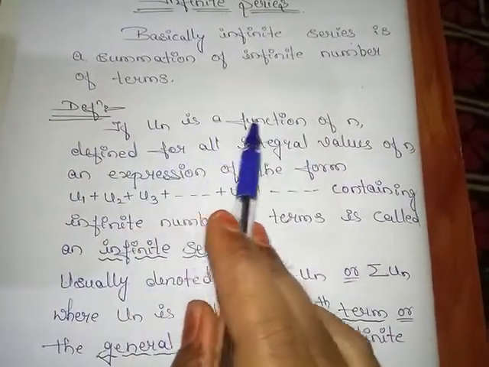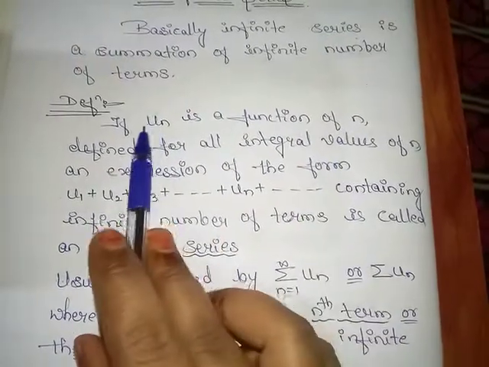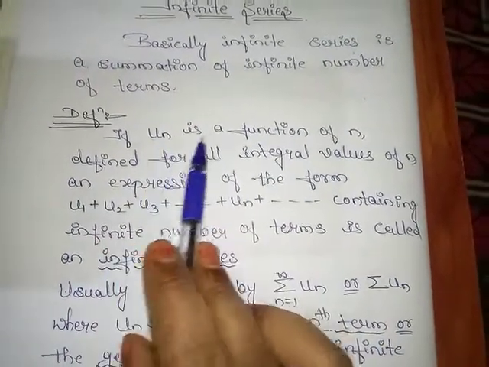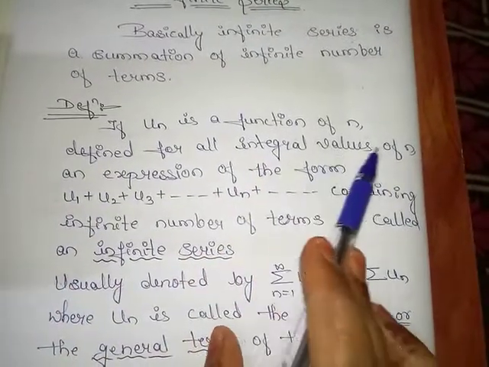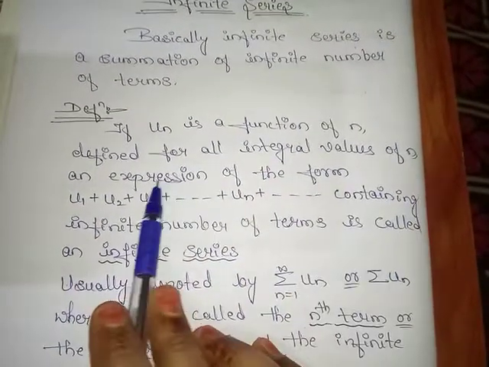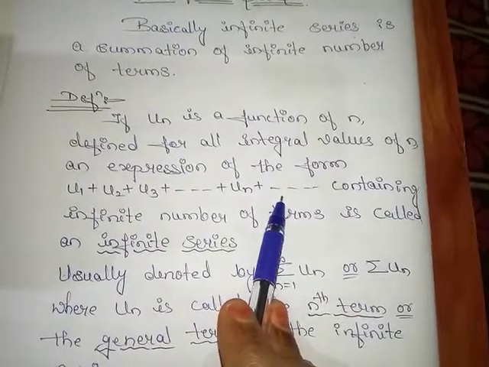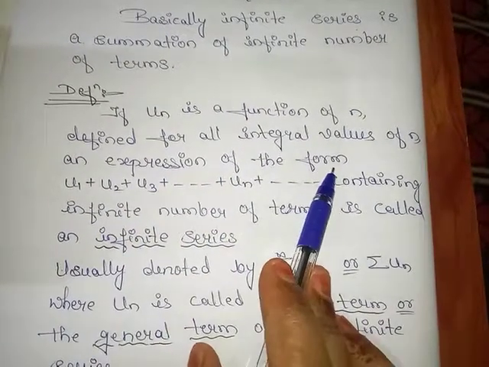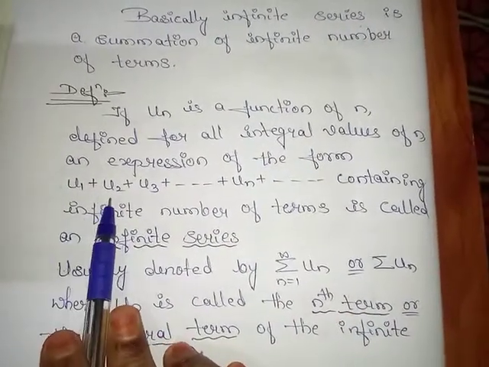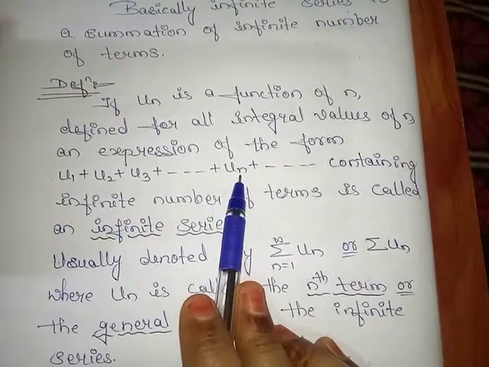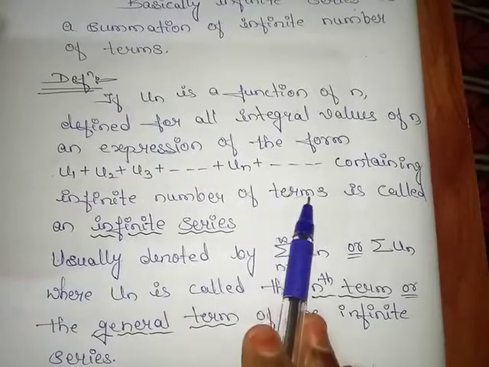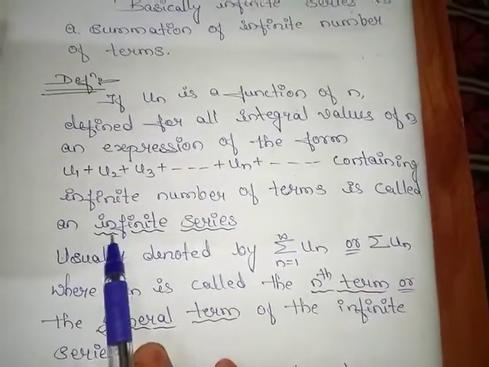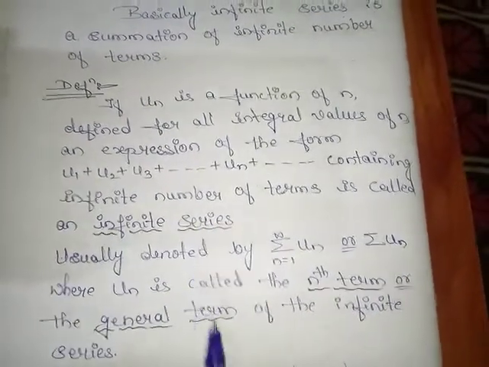If un is a function of n defined for all integral values of n, an expression of the form u1 plus u2 plus u3 plus so on to un plus so on, containing infinite number of terms, is called an infinite series.